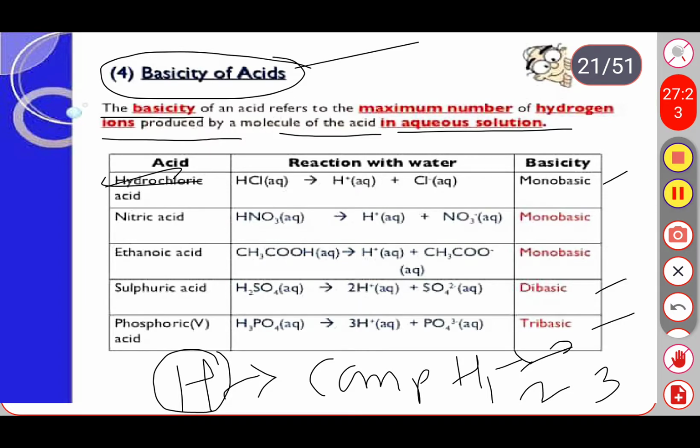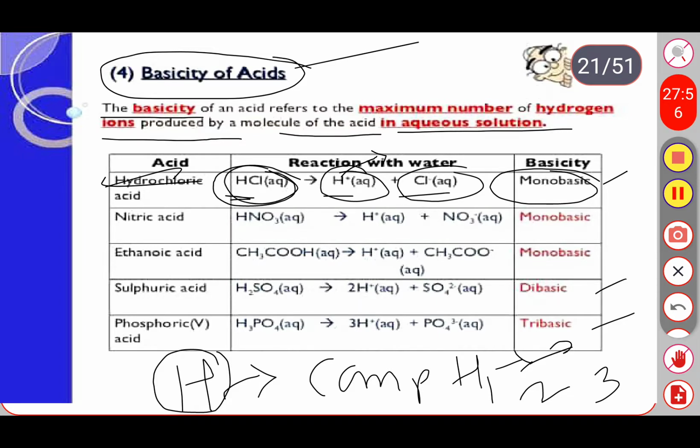What is the formula for hydrochloric acid? HCl. How many hydrogen atoms are present in HCl? Only one hydrogen atom, so it is a monobasic acid. When it dissociates, it forms H plus and Cl minus. It means one hydrogen ion is produced when we dissolve hydrochloric acid in water.